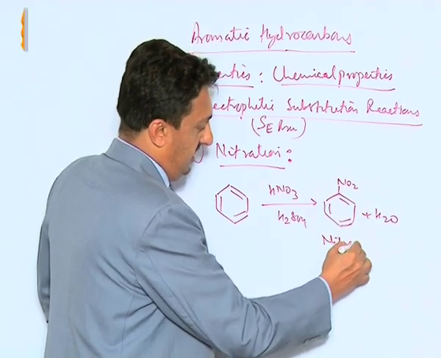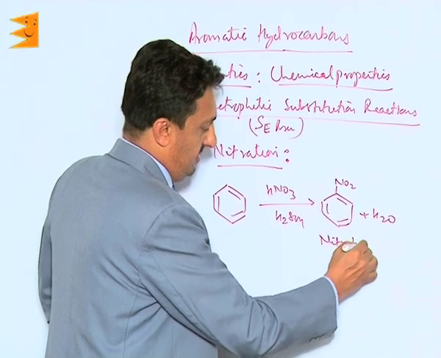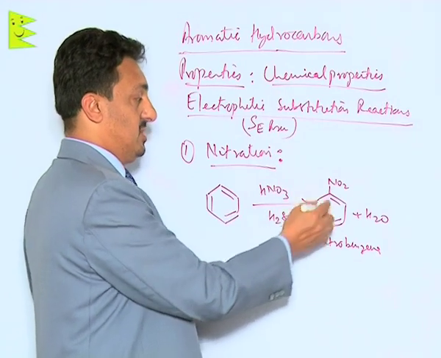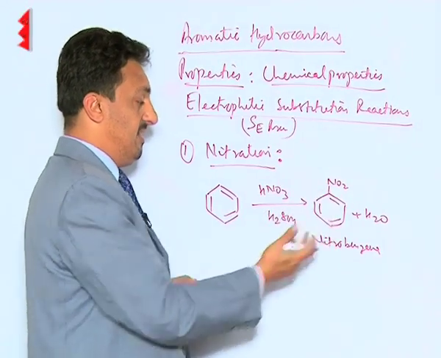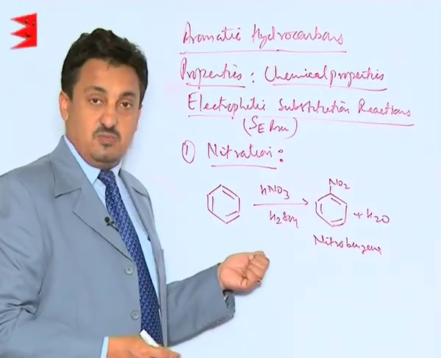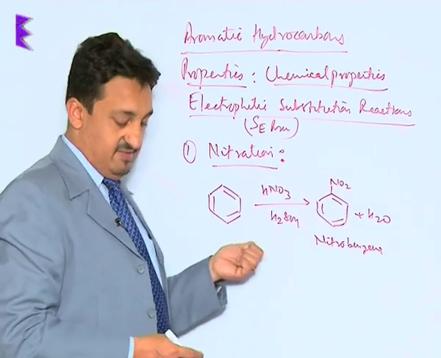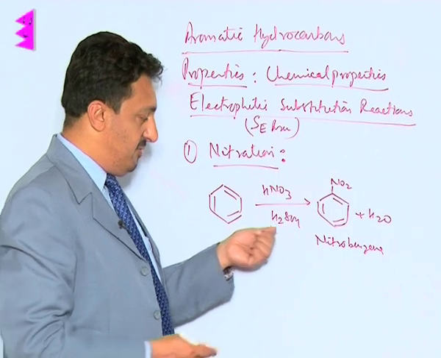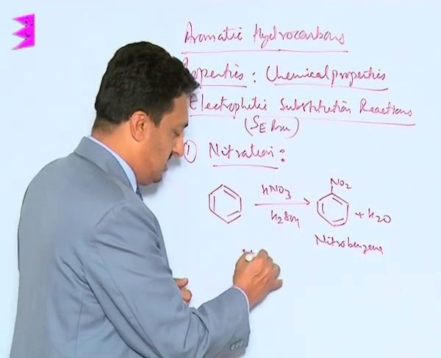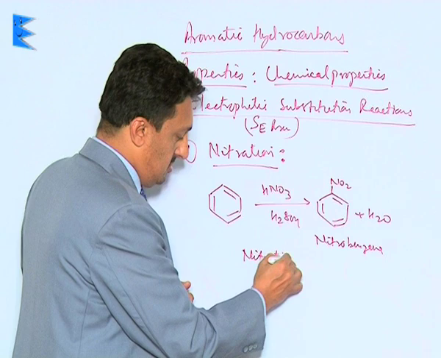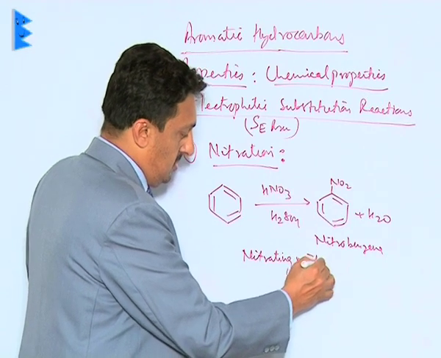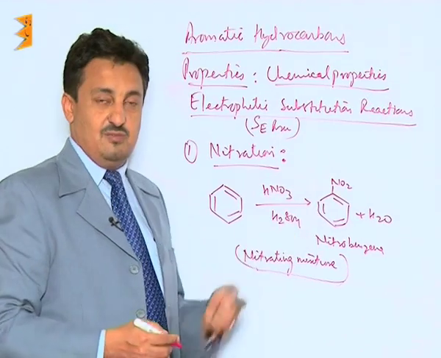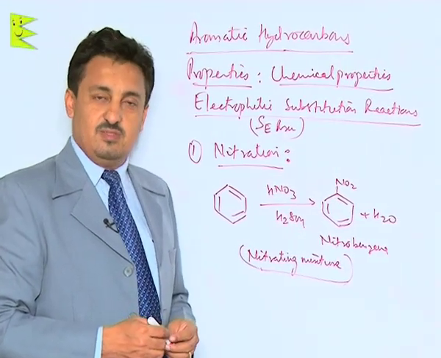This introduction of a nitro group on the benzene ring is called nitration. The mixture of HNO3 and H2SO4 is called the nitrating mixture, because this mixture gives us the nitronium ion, the electrophile, because of which we get nitrobenzene.